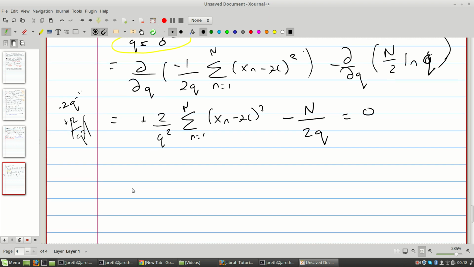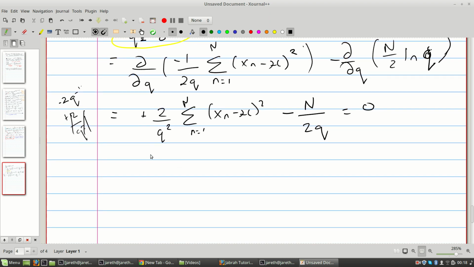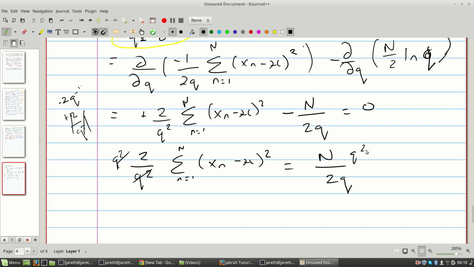So what does this mean? This means 2 over q squared times the summation from n equals 1 up to N of (xn minus mu) squared equals N over 2q. So we multiply both sides by q squared. We have Nq over 2 here, and then these 2's cancel, and we have Nq being equal to this.